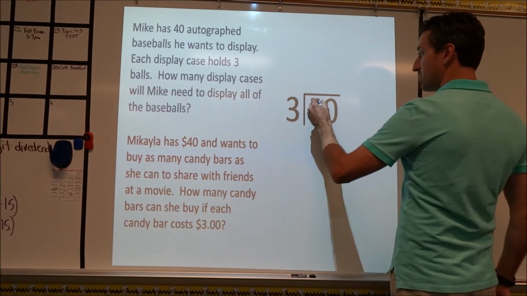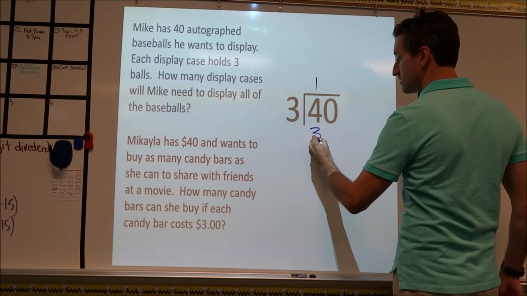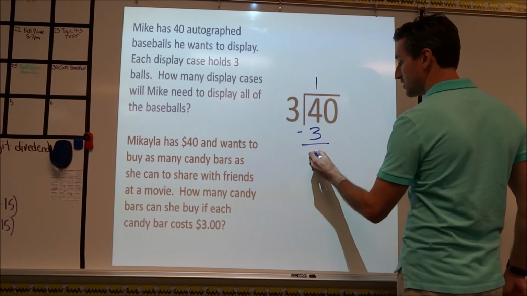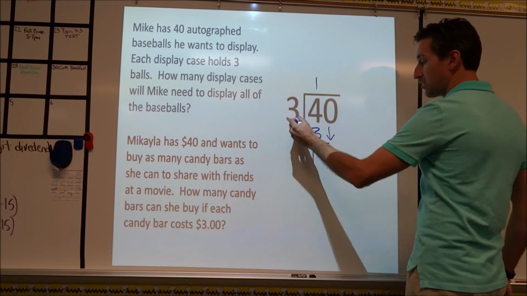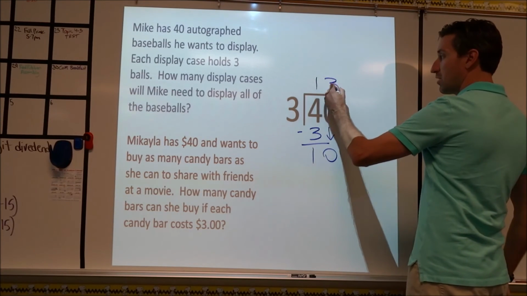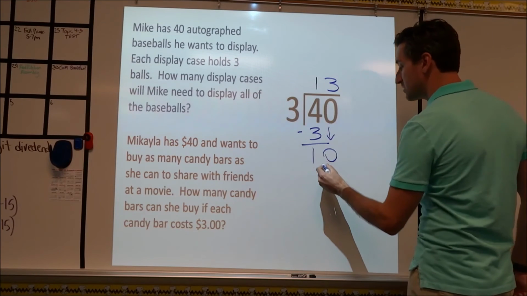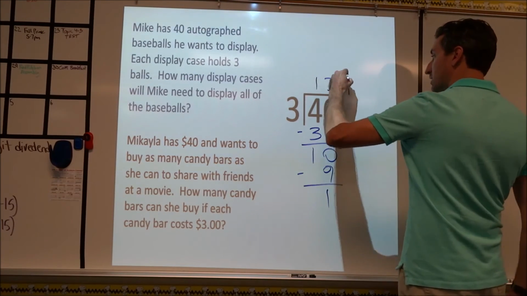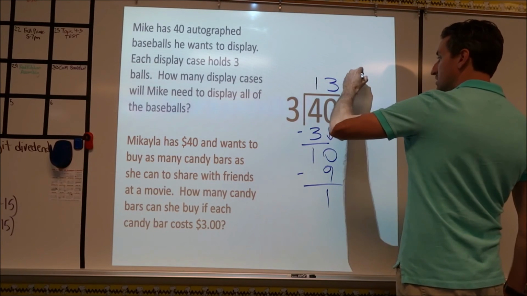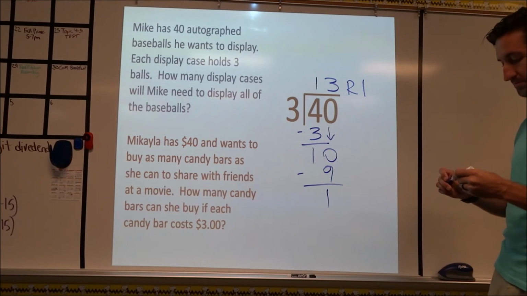3 will go into 4 one time. 1 times 3 is 3. Subtract, get 1. Bring down our 0. 3 will go into 10 3 times. 3 times 3 is 9. Subtract and get 1. So our quotient is 13, remainder 1.